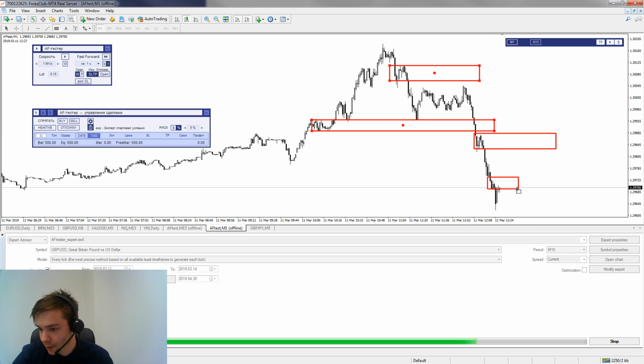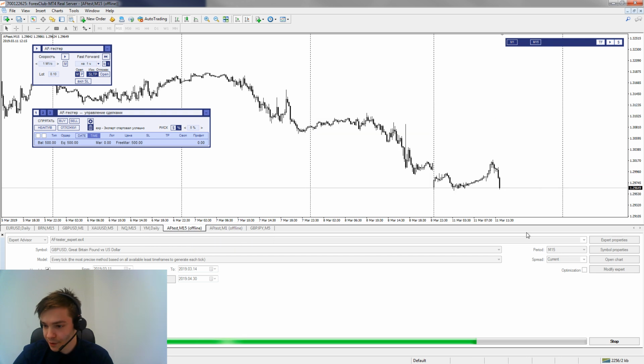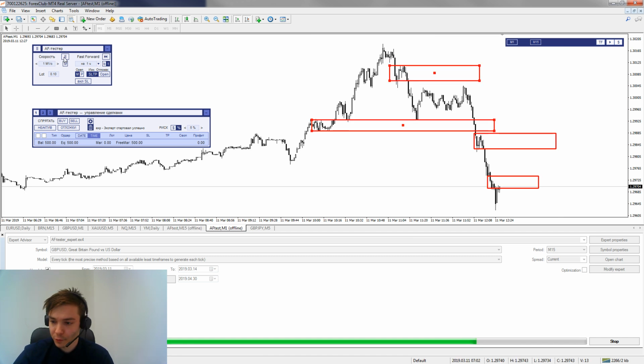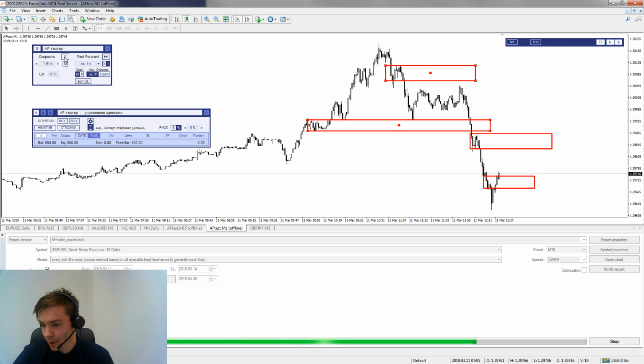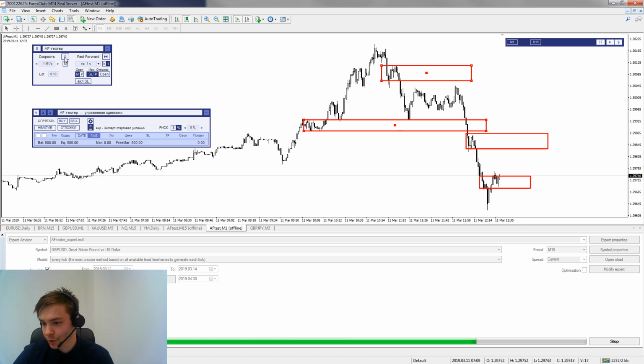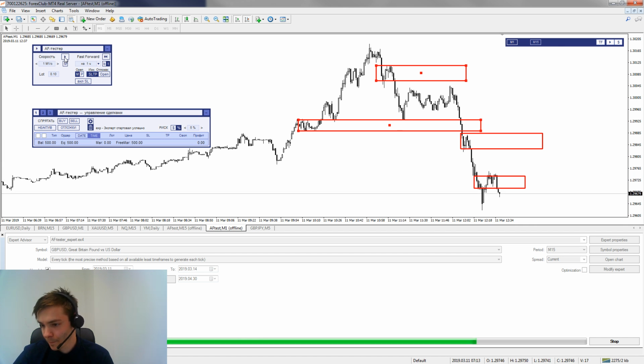Also here I can see that there was consolidation. The market is just attacking this support with an impulsive movement. So it's very nice information that we could probably hit the support. Okay, you see the reaction. So maybe I try to open a trade here.